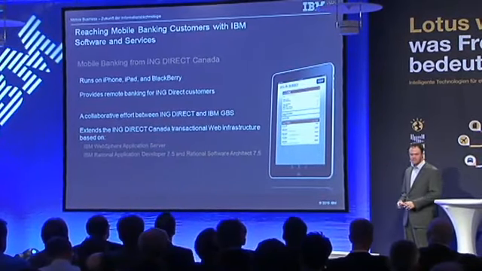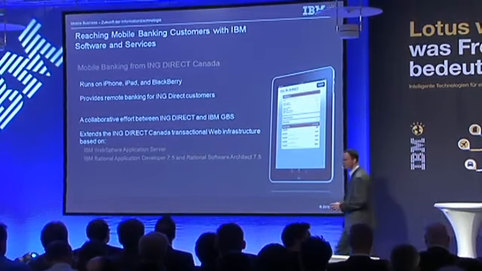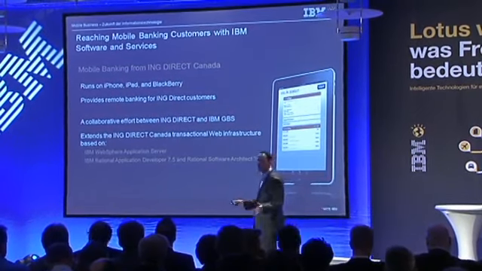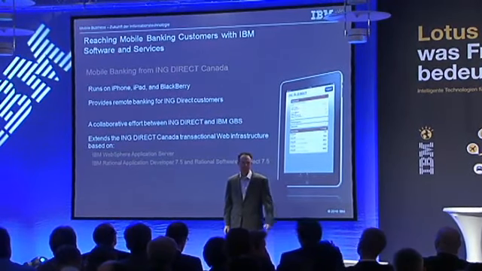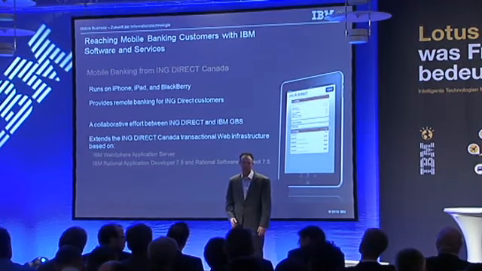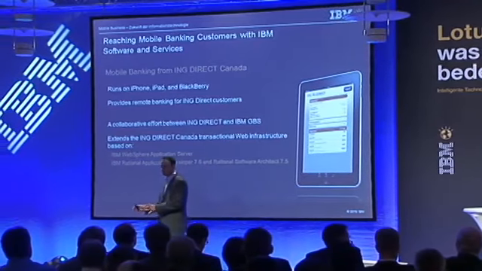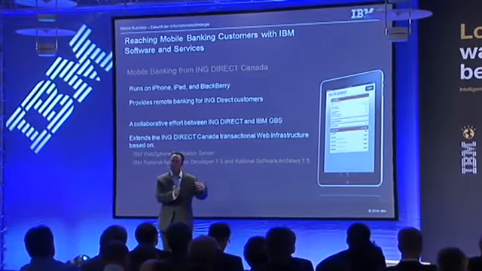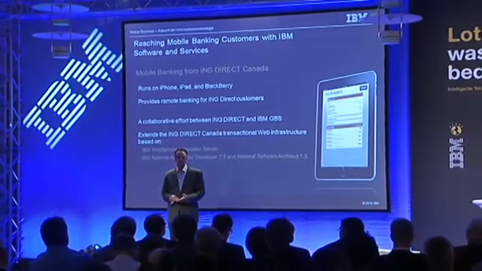Another customer example is ING. What's really interesting is when you get into online banking. This is a very common trend for many financial institutions today: how can I provide online banking to my customers? Now, it's a completely different problem than, say, Air Canada has in one major way.